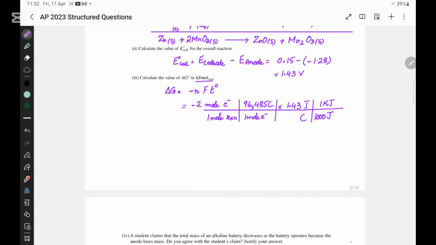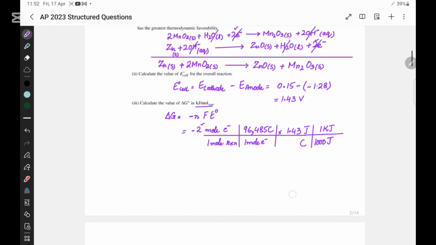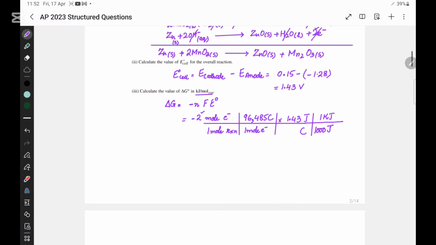So minus 2 is the number of electrons. 1 mole of reaction contains 2 moles of electrons. 1 mole of electrons contains 96,485 coulombs. 1.43 joules per coulomb is these volts. Volts I have converted into joules per coulomb.